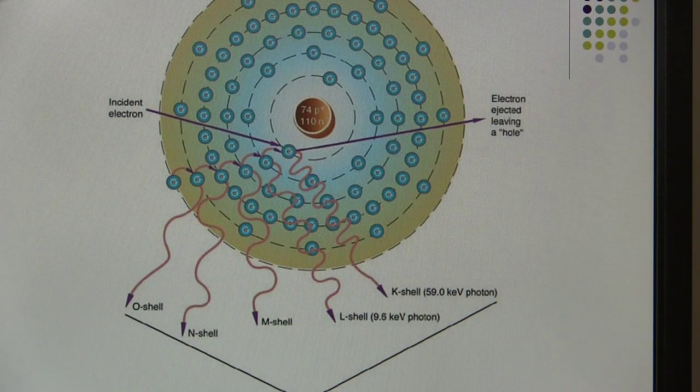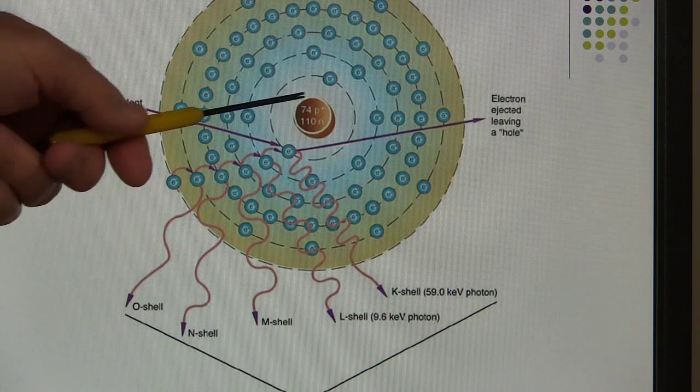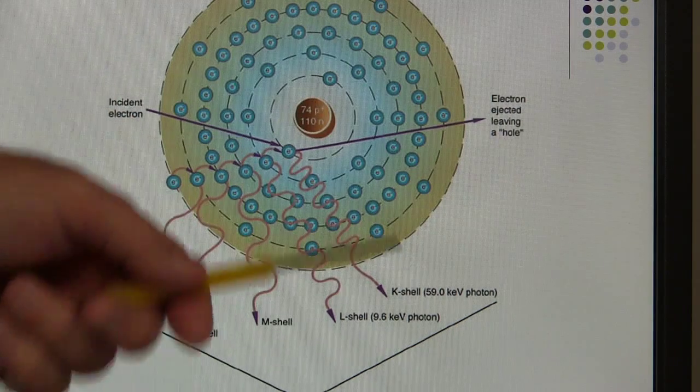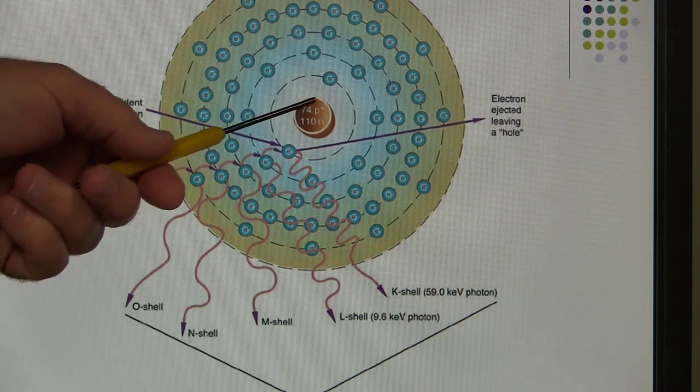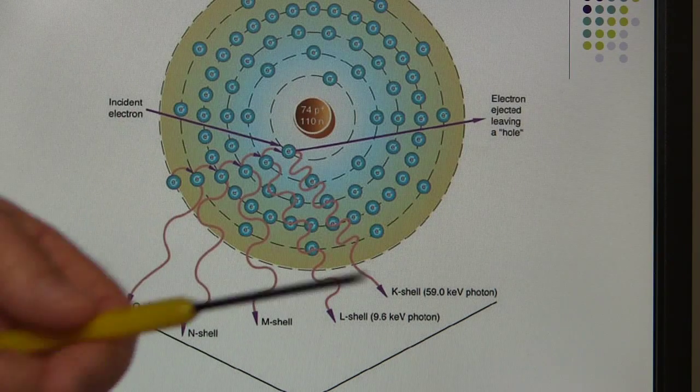The K-shell is the innermost shell of electrons in an atom, and to be full, that shell has to have 2 electrons in it. Now, if it's a hydrogen atom, it only has 1 electron in there because there's only 1 proton in a hydrogen nucleus. So in that case, it doesn't have 2. But any other atom would have a minimum of 2 electrons in here.